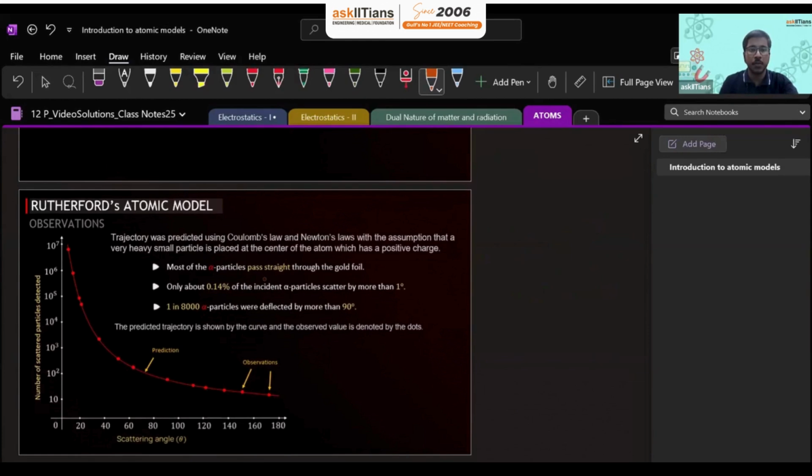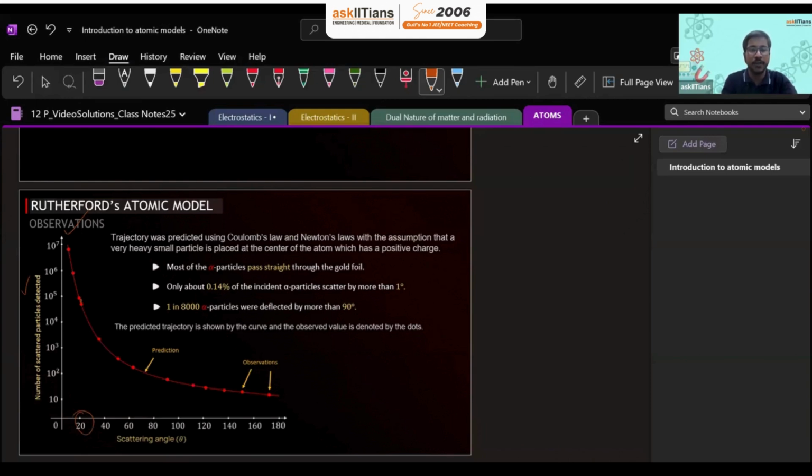Here you can see the observations. On the y-axis, you can see the number of scattered particles detected by using the fluorescent screen. On the x-axis, we have the scattering angle, right? Let's take an example: the number of alpha particles detected at less than 20 degree scattering angle is close to 10 raised to 5.